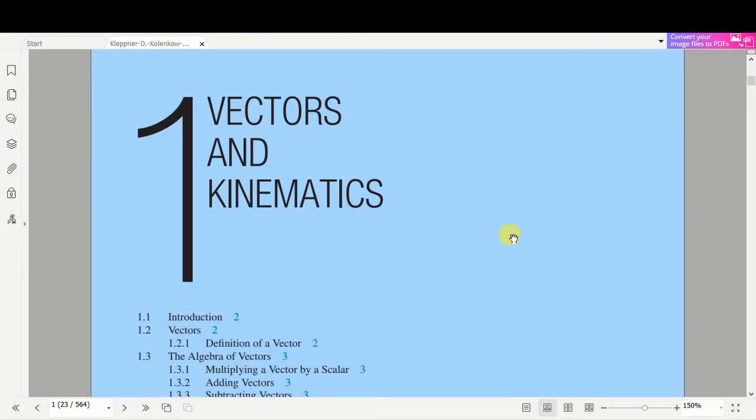This is Saddam, and today we are going to do vectors and kinematics, as I have started this Kleppner and Kolenkow book.